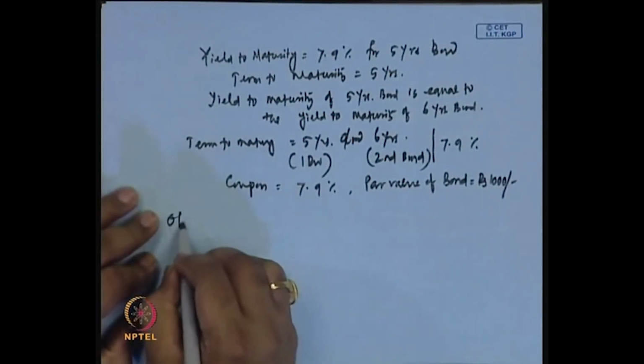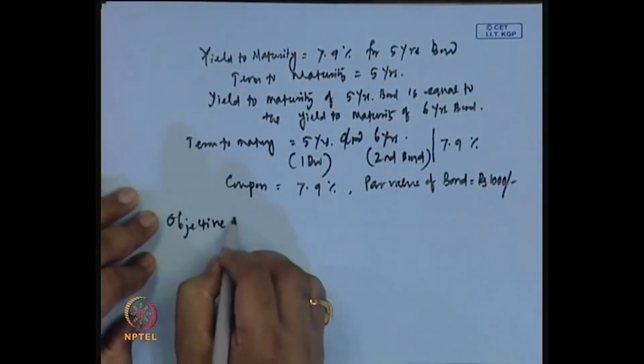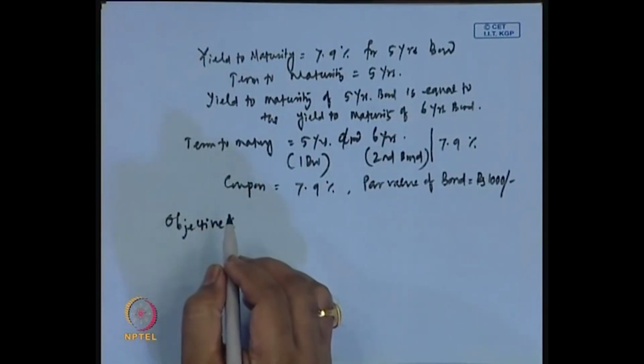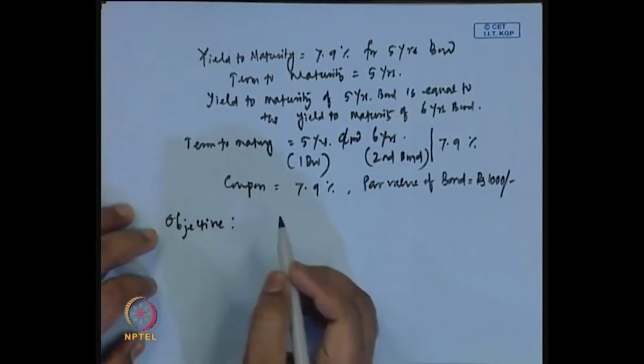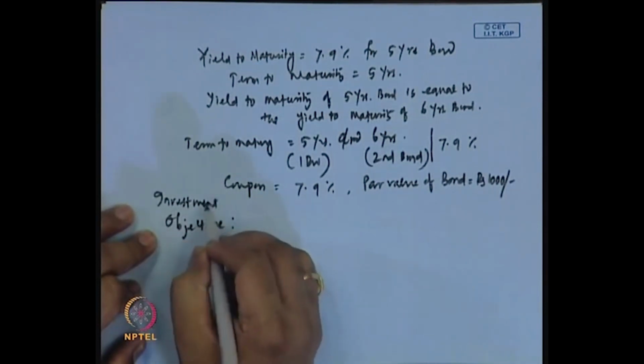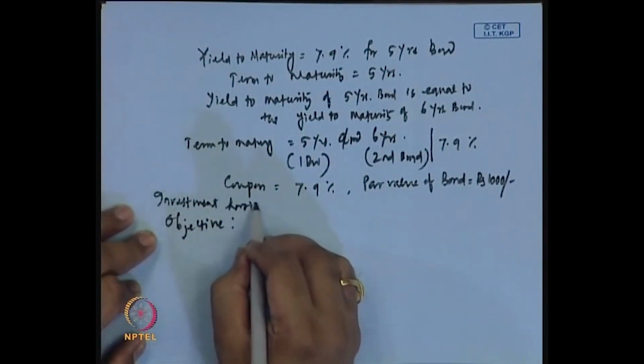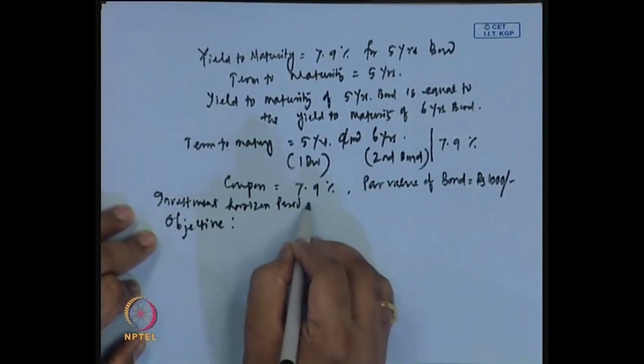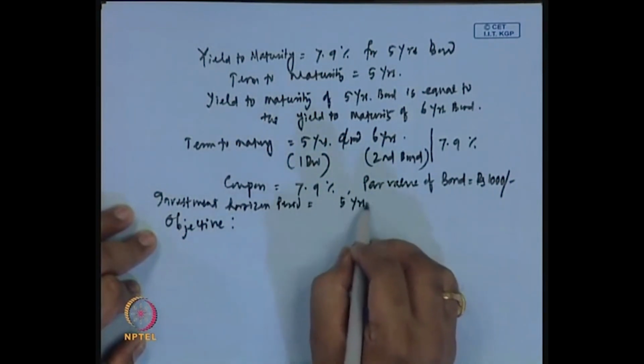Then what is the objective of the investor in this case? The objective is the investor should maintain, let the investment horizon period be 5 years.